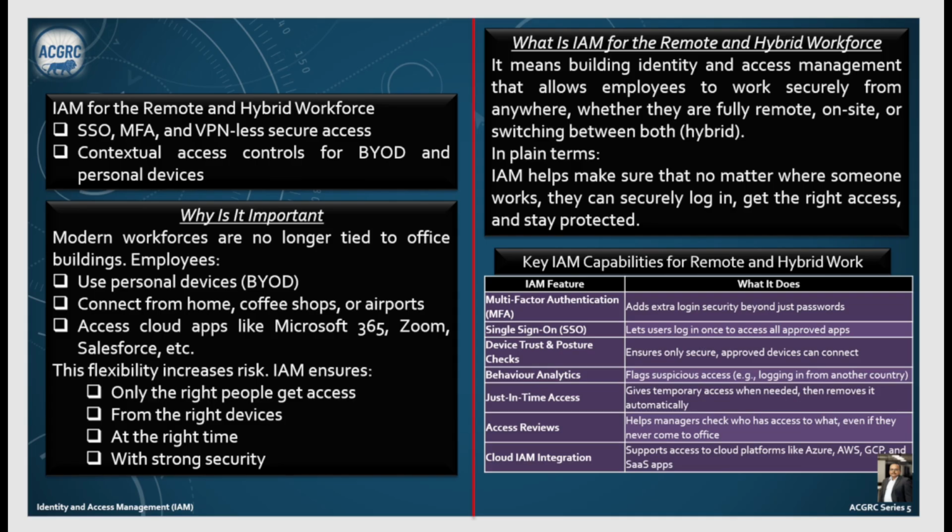With behavior analytics, it flags suspicious access. With just in time access, it gives temporary access when needed, then removes it automatically. With access review, it helps managers check who has access to what, even if they never come to the office. From an integration perspective, it supports access to cloud platforms like Azure, AWS, GCP, and SaaS apps.